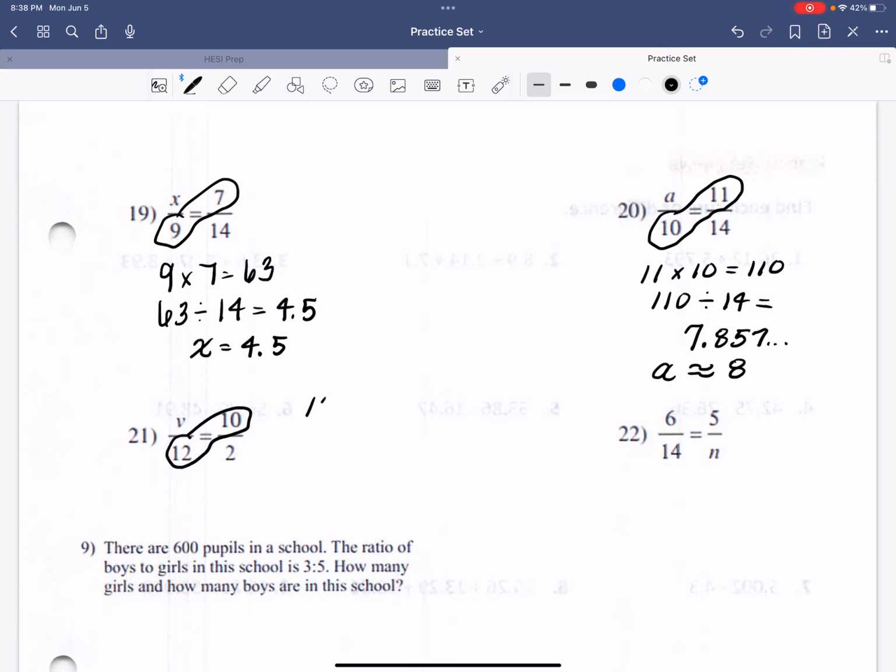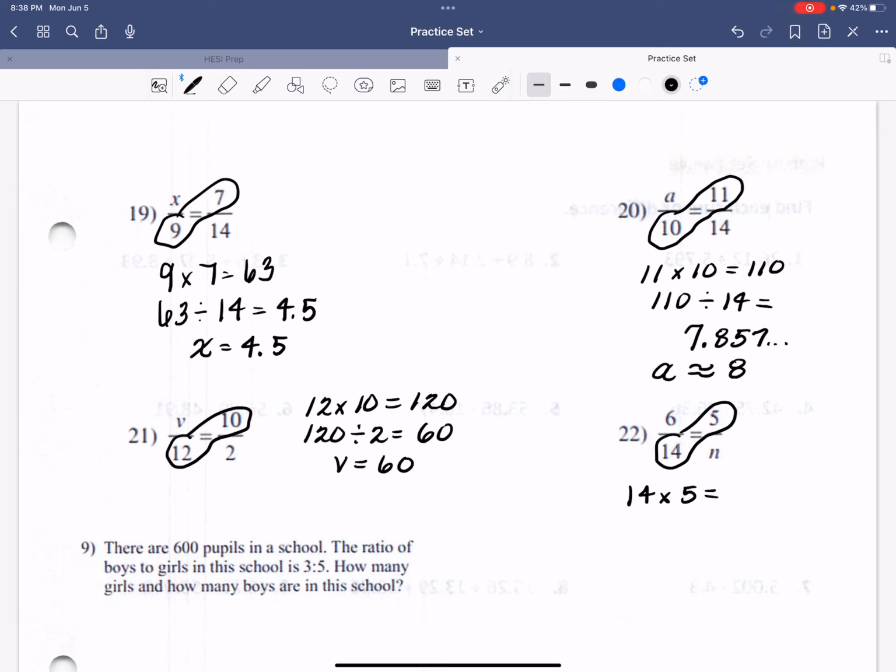12 times 10 is 120. And 120 divided by 2 is 60. So V is 60. And finally, 14 times 5.